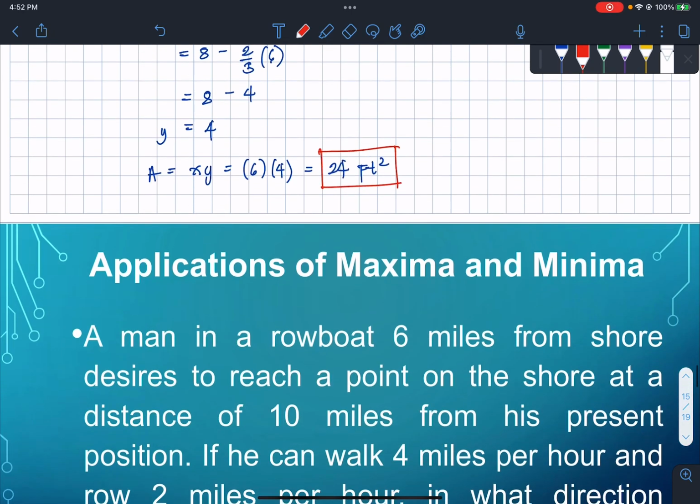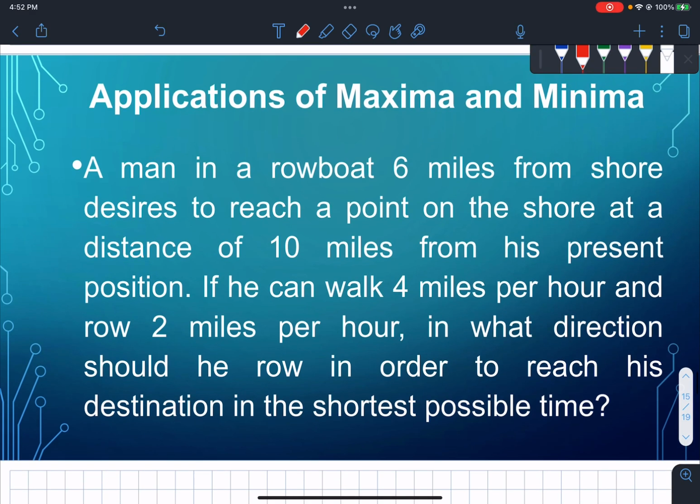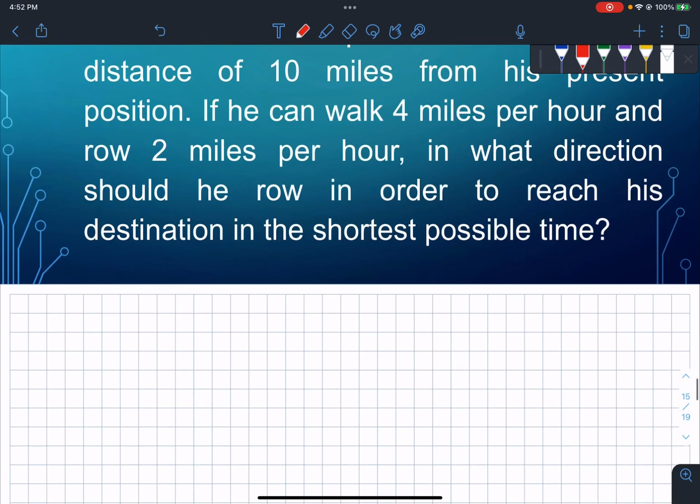Okay, so let's continue with another problem. A man in a rowboat, or a man in a boat, 6 miles from shore, desires to reach a point on the shore at a distance of 10 miles from his present position. So let's try to draw that first statement.